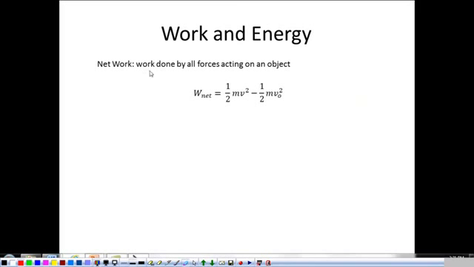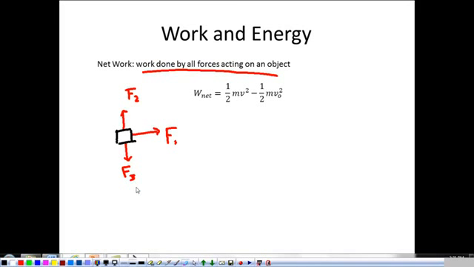So net work is the work done by all of the forces acting on an object. So let's say we have an object, our standard box. Let's say we have 3 forces acting on it: force 1, force 2, and force 3.